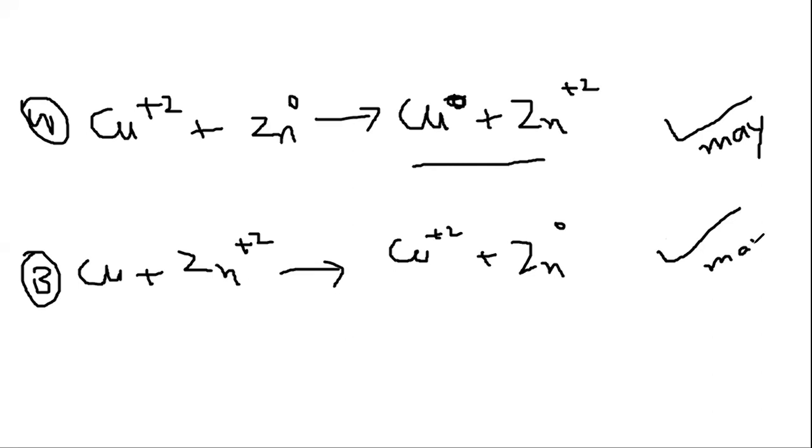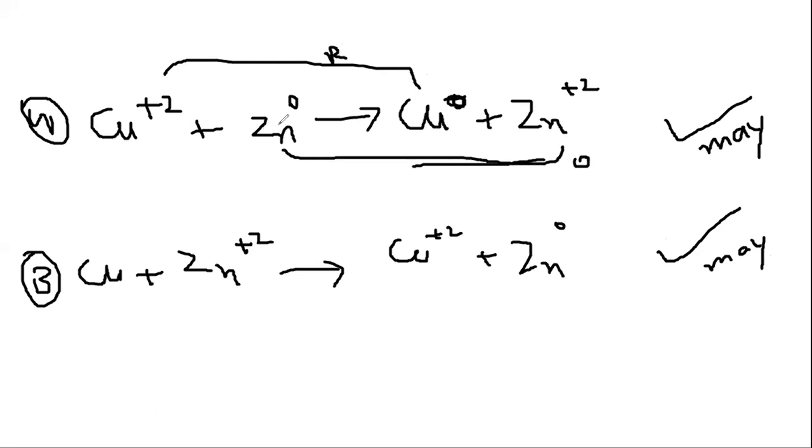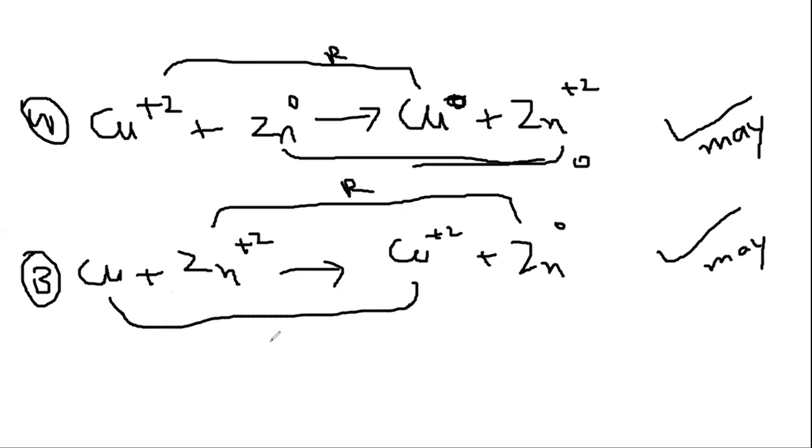And what is the reason? The reason is here. One is going to reduce. This is the reduction, and of course, this is the oxidation. Oxidation is going to give 2 electrons, which are taken up by the copper. It is converted into the copper metal. This should be the redox reaction. And if you look at this one, this is the reduction, and this is the oxidation, and this is also a redox reaction.